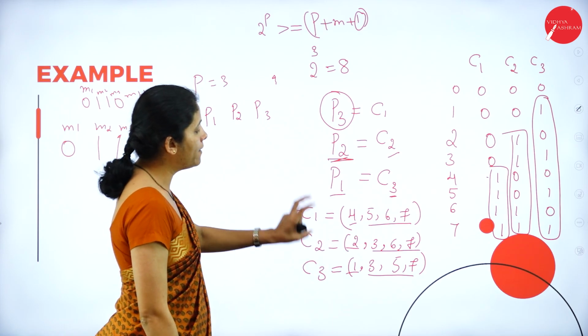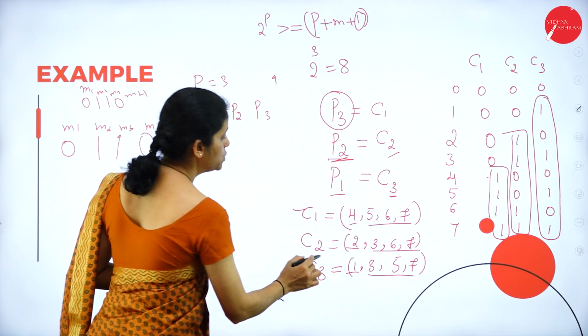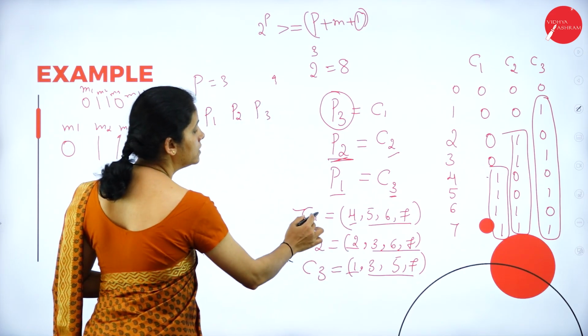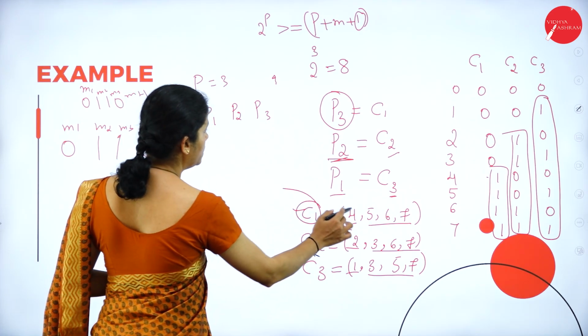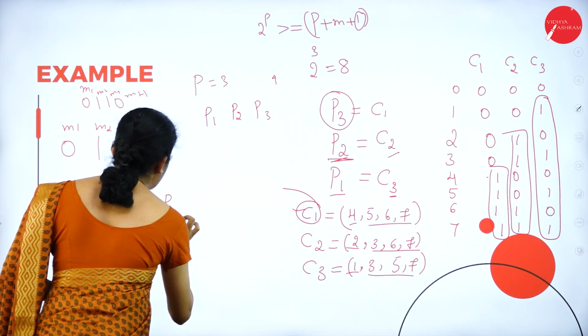So I want to consider only the unique numbers. Here in the place of 4, it is P3.